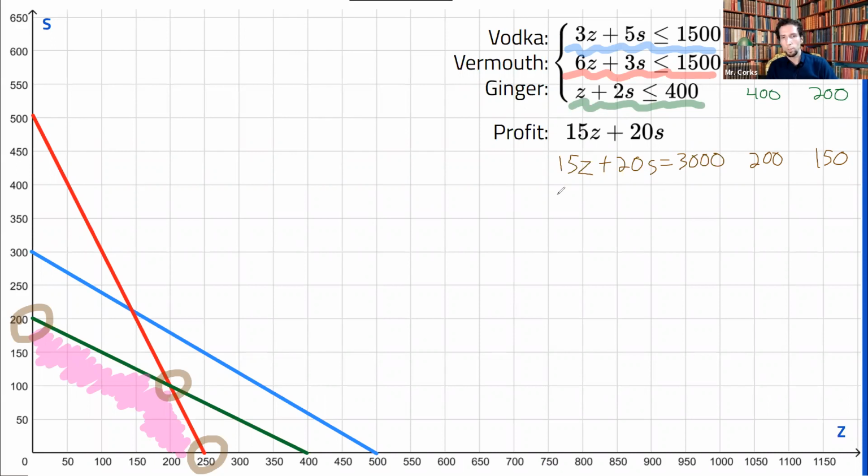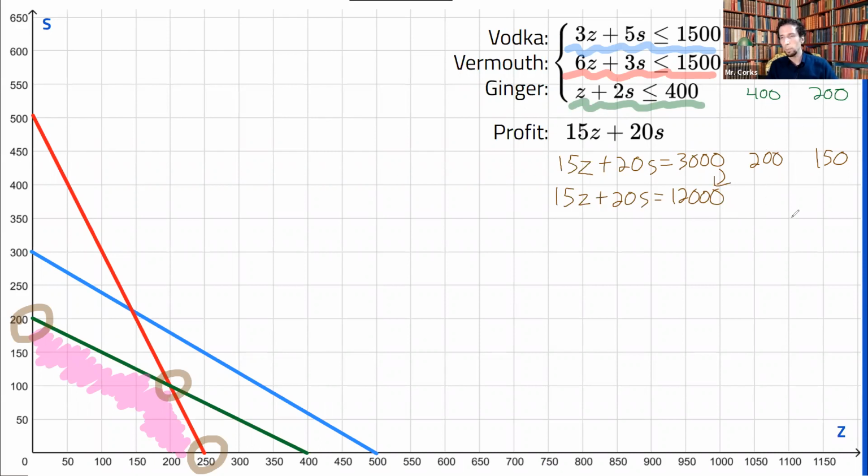What would your suggestion be for the next one? 12,000. 12,000, okay. So let's try that. If we do 12,000, we did the math once to calculate the intercept points. After that, we don't have to do a lot of work. 3,000 to 12,000, that's times 4.